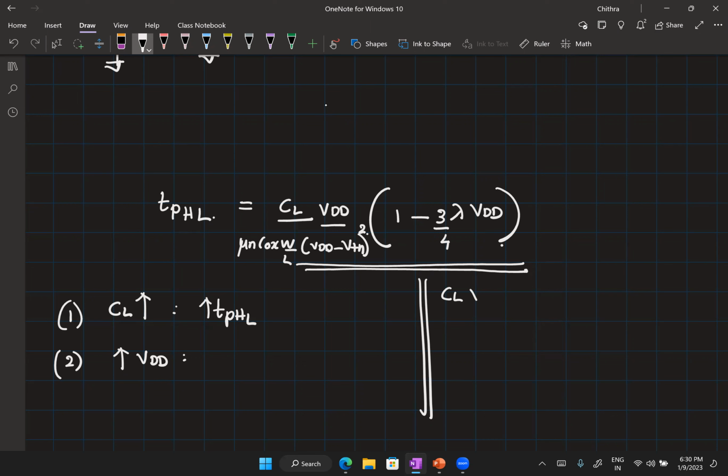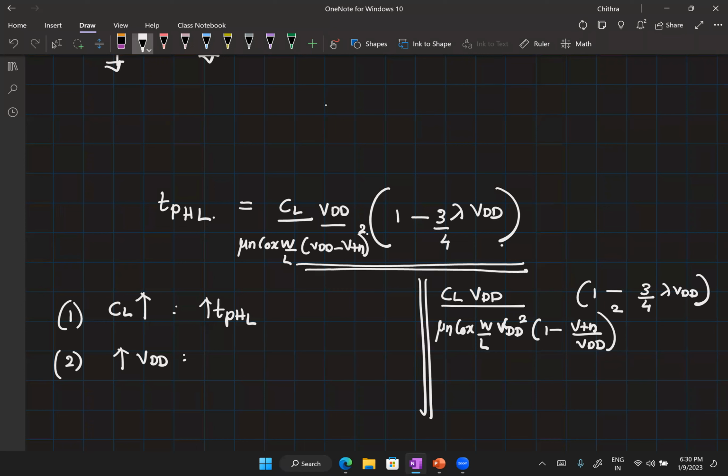So I'll have CL VDD by the whole mu n COX W by L expression. Then I'll have VDD square outside the bracket: 1 minus VTH by VDD the whole square into 1 minus 3 by 4 into lambda VDD. Then I can cancel this VDD square and this expression. Now looking at this, can you comment on what happens when I increase the VDD?